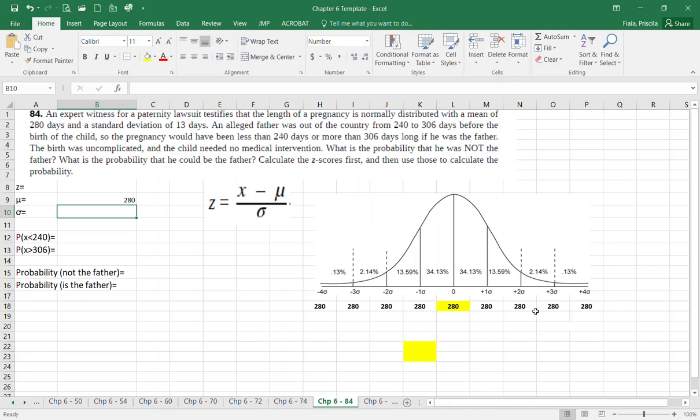The reason why you see all this is because I already put the formulas. So when I put the values here, it's going to calculate for me one standard deviation above the mean, which is the mean plus one, and then two standard deviations, which is the mean plus two times the standard deviation. So it's going to change now. And then a standard deviation of 13 days. Here we go. Now you have all your values.